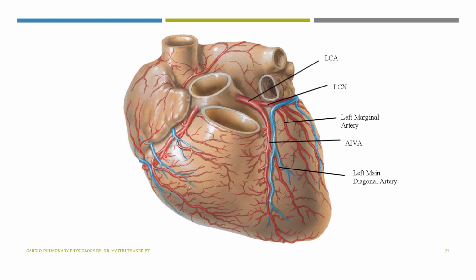This is the right coronary artery, and the left main coronary artery will give rise to two branches. One is the left circumflex artery, the other is the left anterior descending artery, which will again give two branches, the marginal artery, or you can say the diagonal artery.